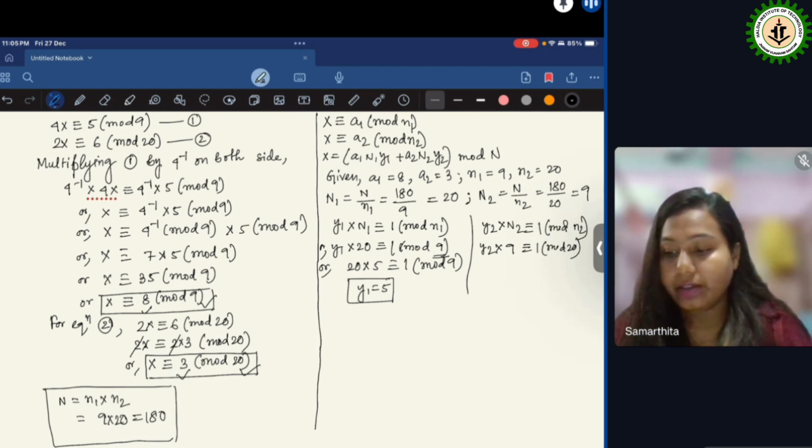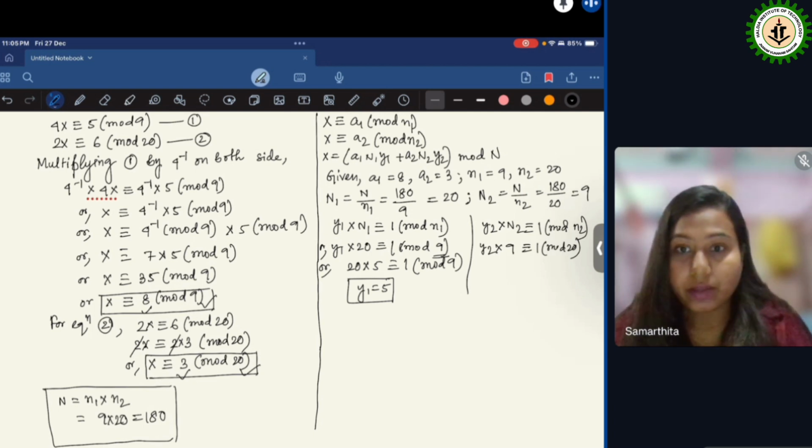Why have I said to start with the big integer? Because here we have to divide the value by 20. 20 is a big value, because when we divide a value by a big integer like 20, the value we need to divide should be bigger than 20, right? Then we will get the remainder as 1.